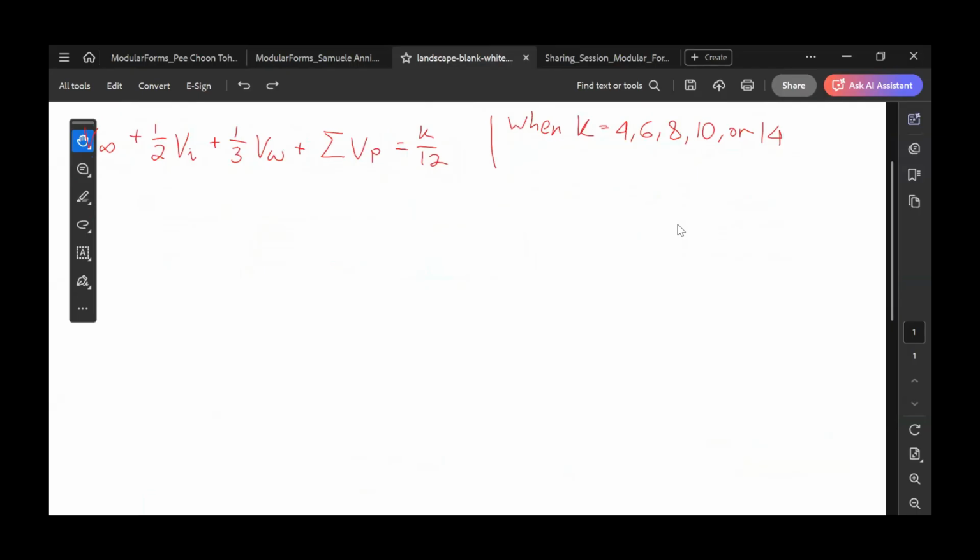So yes, we can simplify the valence theorem into something like this.